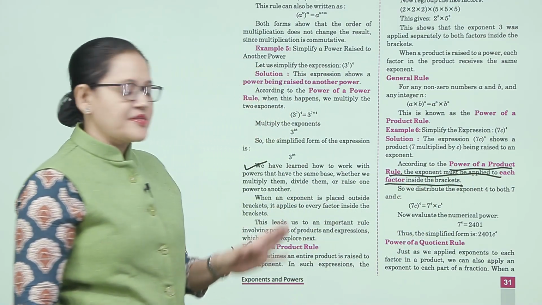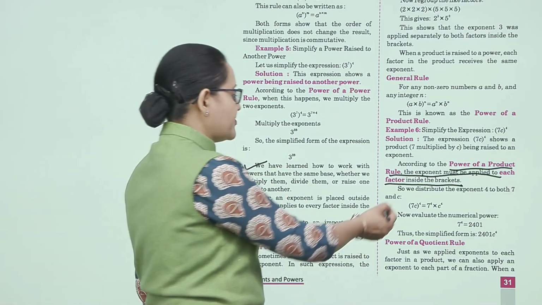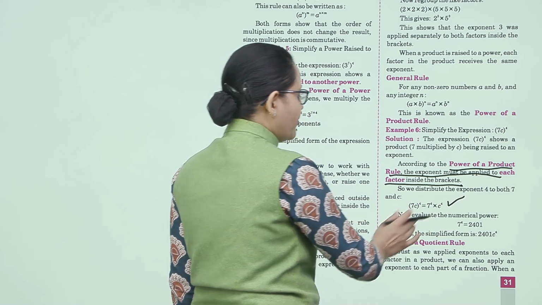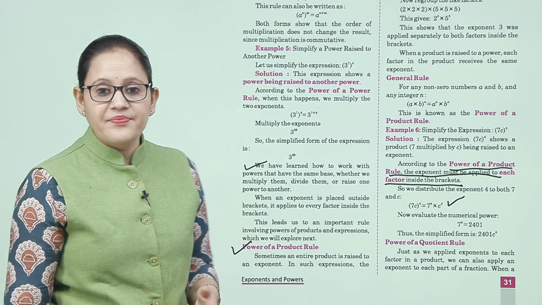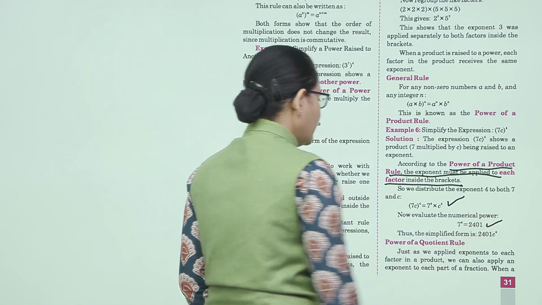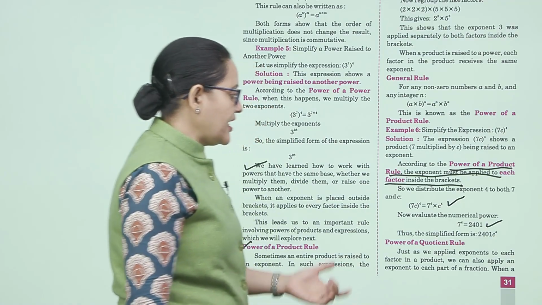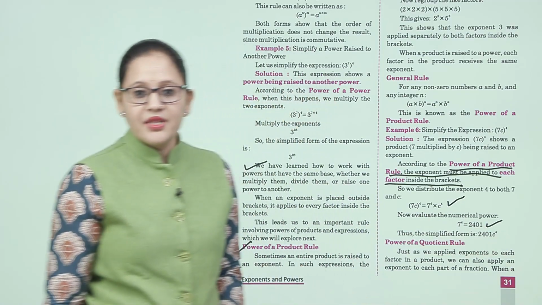So we will distribute the exponent 4 to both 7 and c. So that is equal to 7 to the power 4 multiplied by c to the power 4. Now evaluate the numerical power. 7 to the power 4 is equal to 2401. Thus the simplified form is 2401 c to the power 4.